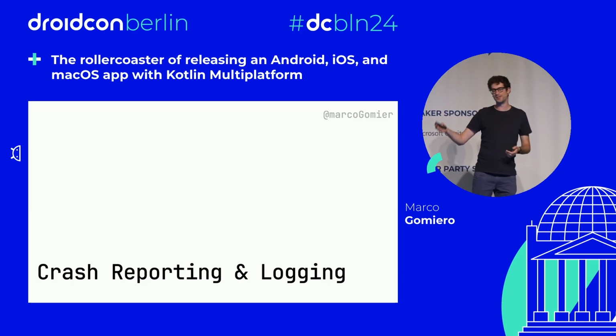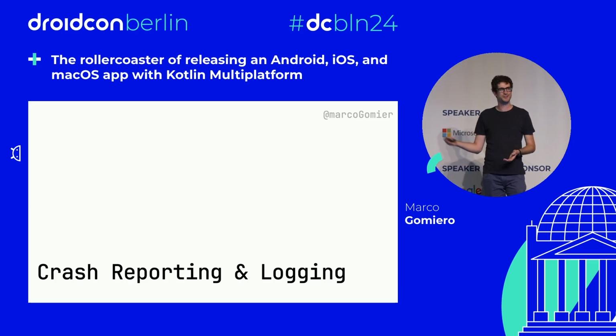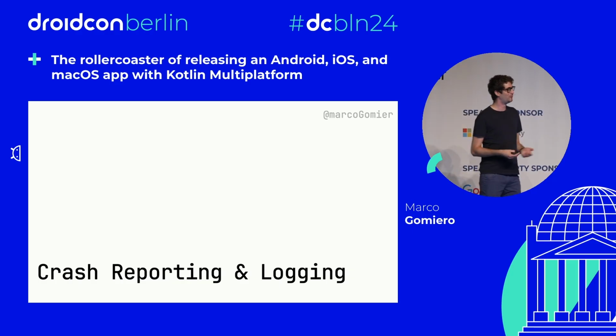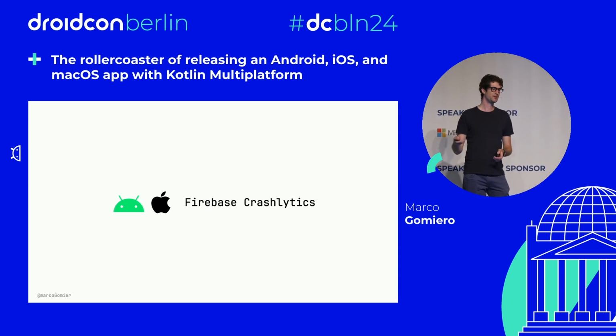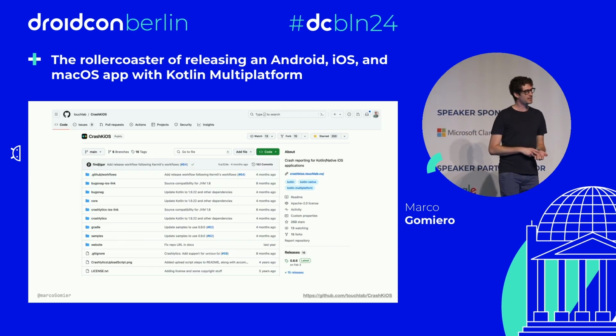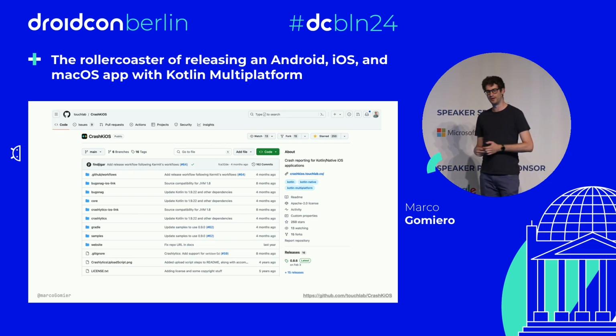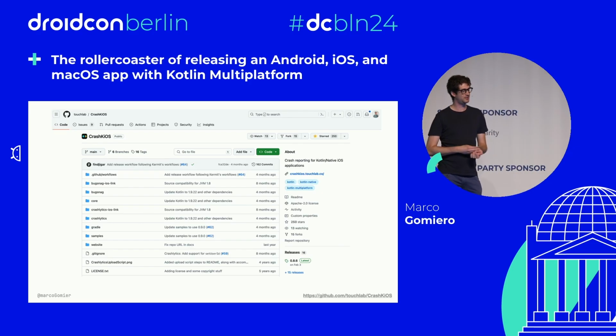Just putting on the store, it's not the end of the journey. You actually have to monitor if things are working or not going bad. So for crash reporting on the mobile side, I'm using the classic file-based Crashlytics in combination with CrashK iOS from TouchLab for having proper symbolicated Kotlin Native for iOS crash reports.